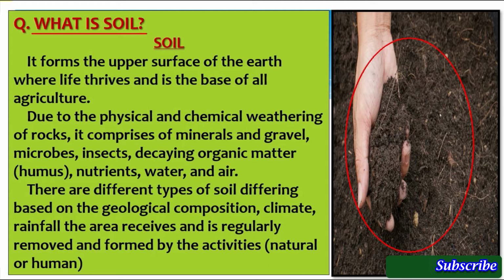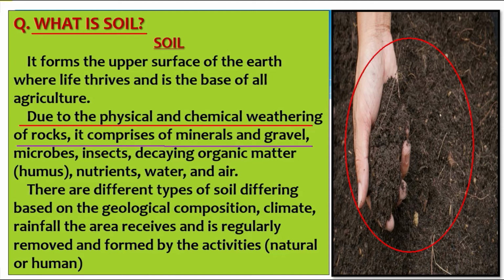And students, it is generally formed from the weathering of rocks. So due to physical and chemical weathering of rocks, it comprises minerals and gravel, microbes, insects, decaying organic matter that we sometimes also call humus, nutrients, water, and air.